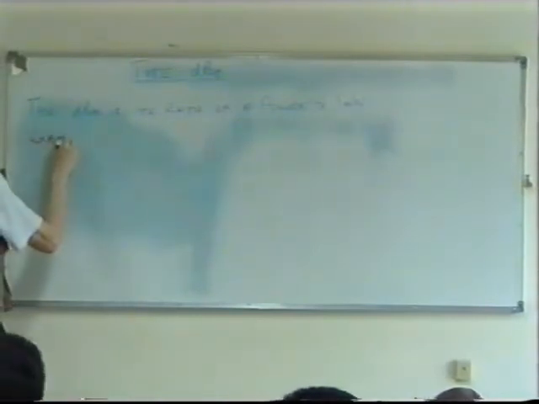We can use the dBm to measure absolute power, without knowing input and output. And I'm going to give you, first of all, a little example of how we would use dBm.